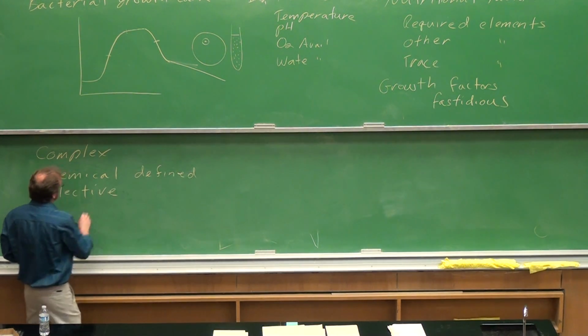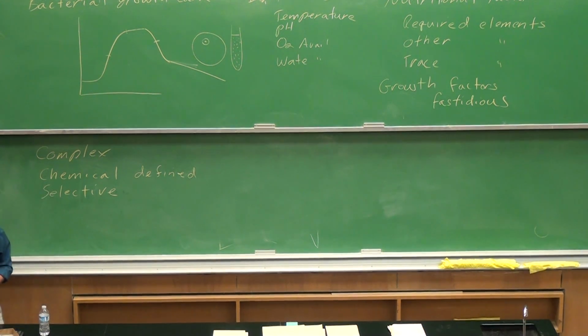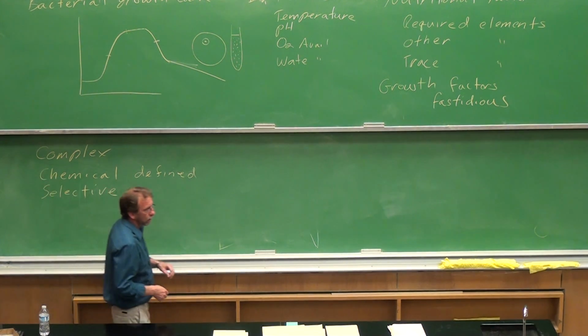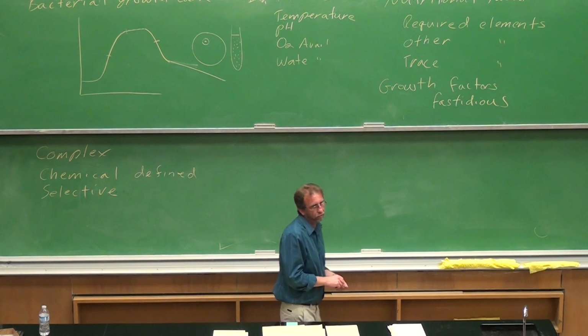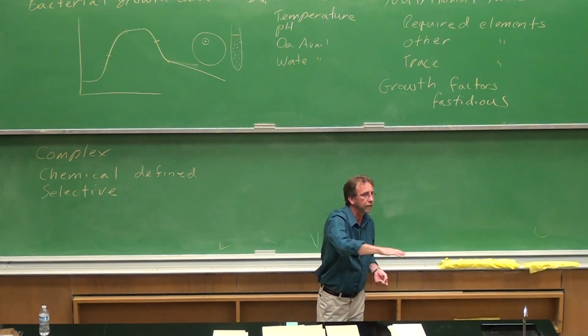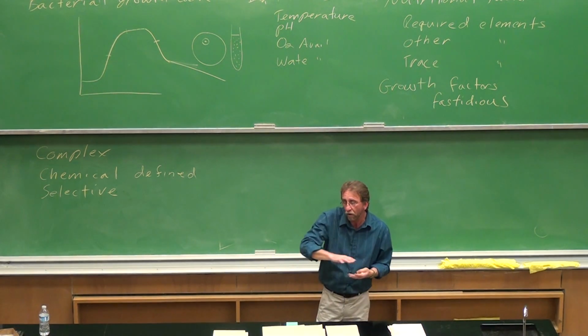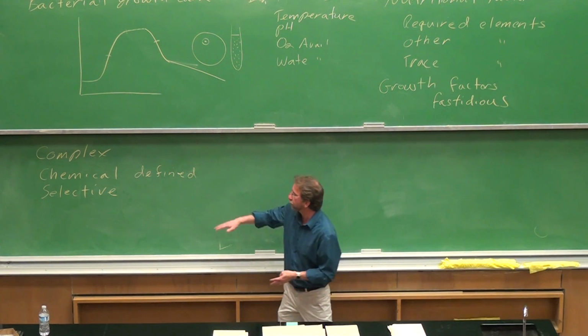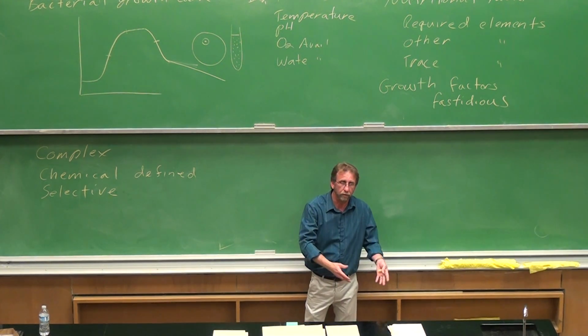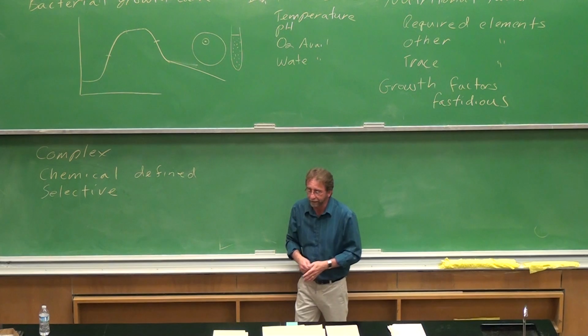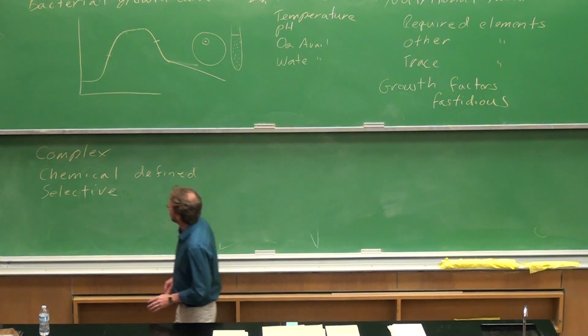We might want to use a selective medium if we are looking for a particular microbe and we know that there are other bacteria that might be in the community that we don't want to grow. We might use a medium that will favor the growth of one, inhibiting the other. So one that would be more selective.